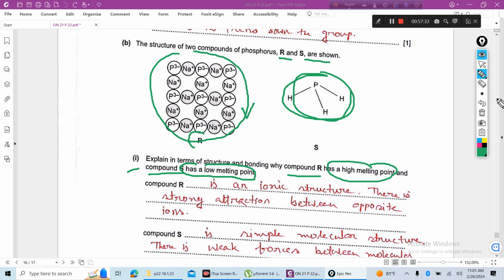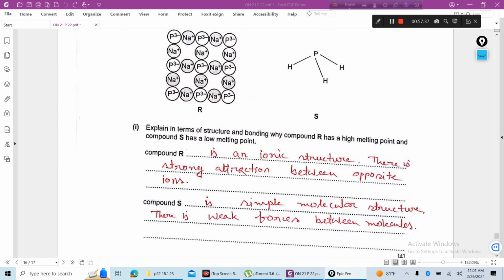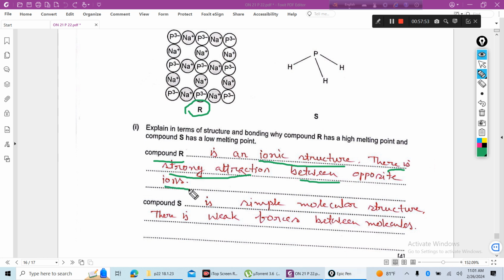So your answer: compound R is an ionic compound or ionic structure. There is a strong attraction between opposite ions, or you can write there is a strong attraction between positive ion and negative ion. So it has a high melting point.